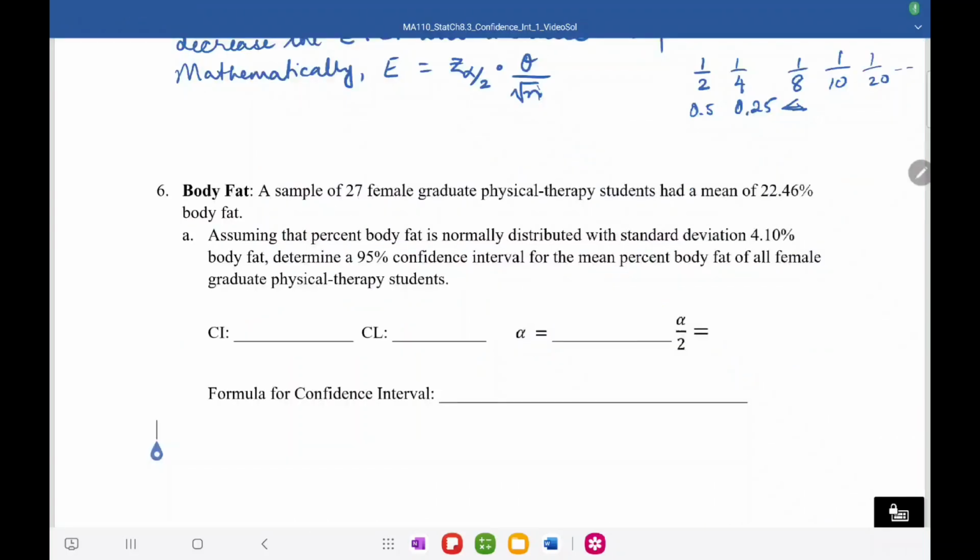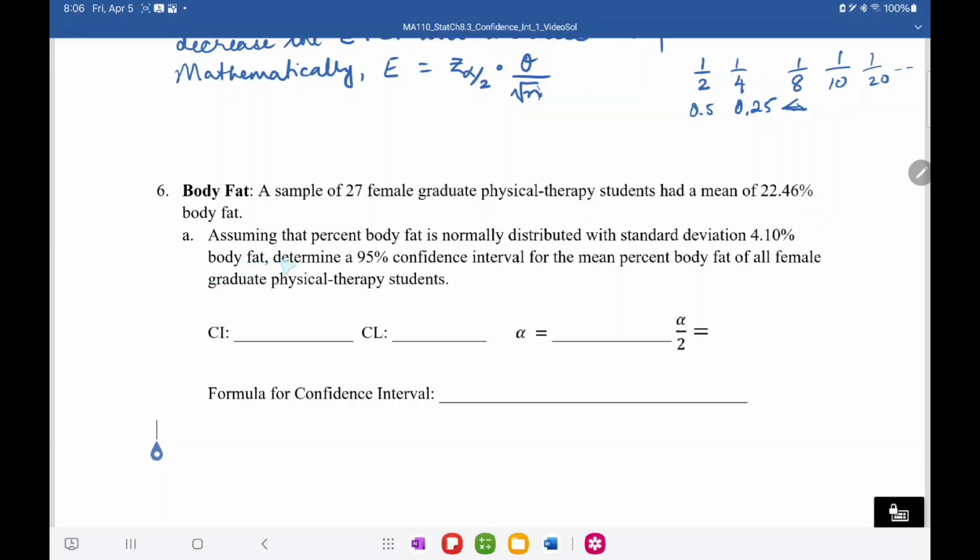Now here's one more word problem on body fat. It's an application-based problem. So let's go through it. It says a sample of 27 female graduate physical therapy students had a mean of 22.46% body fat.